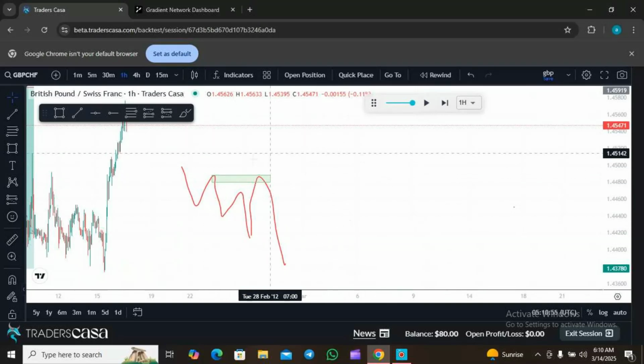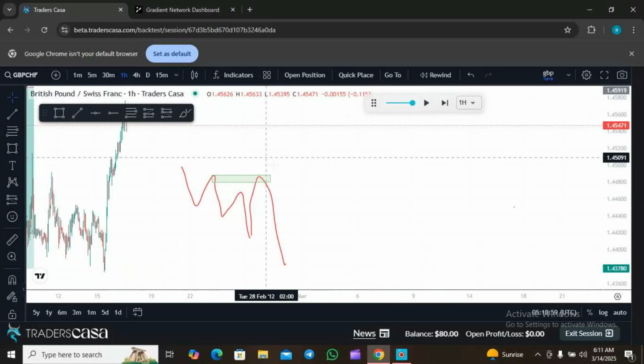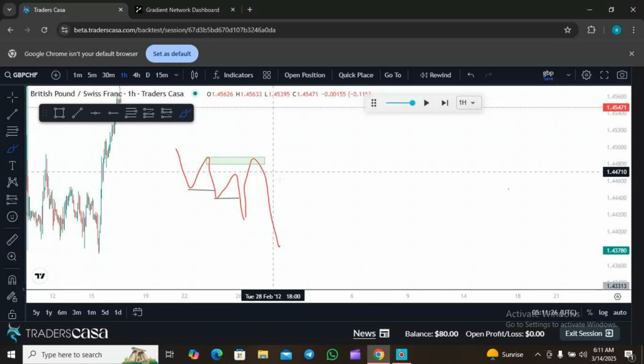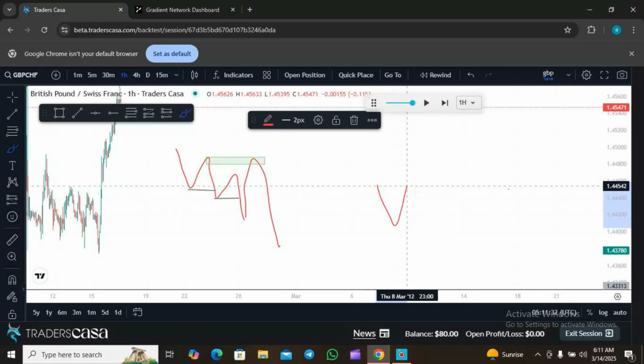So now coming back to what we said earlier, as we have structural liquidity with no sweep pattern, let's look at the buy pattern.